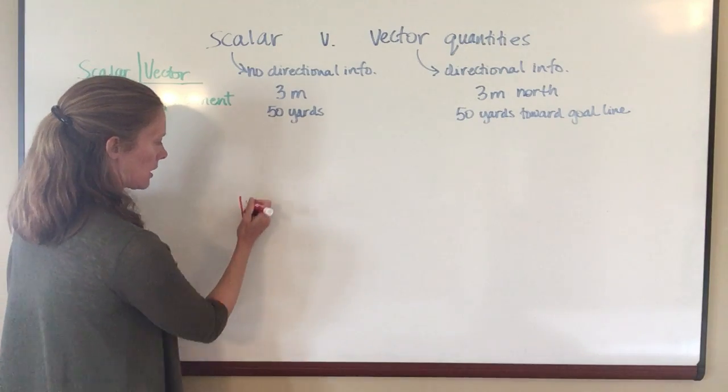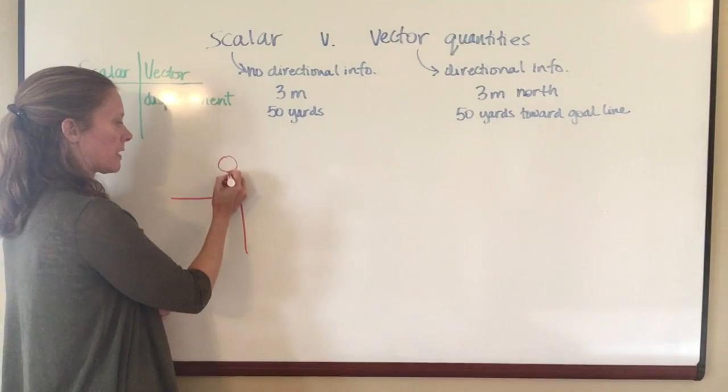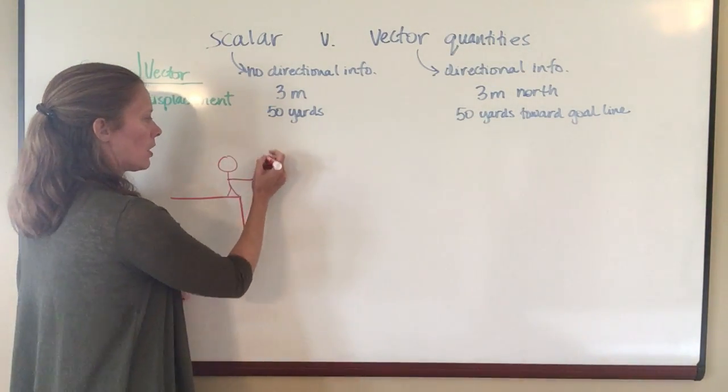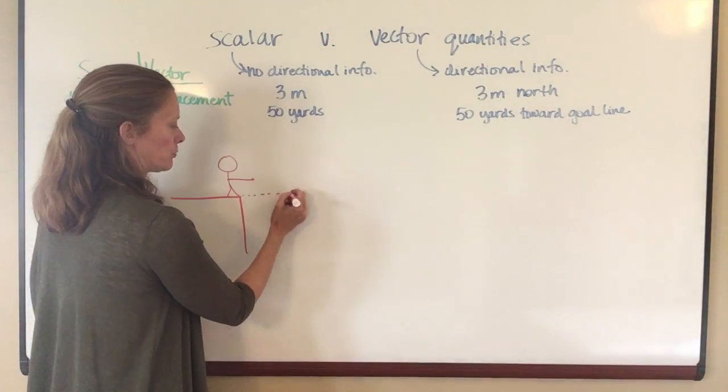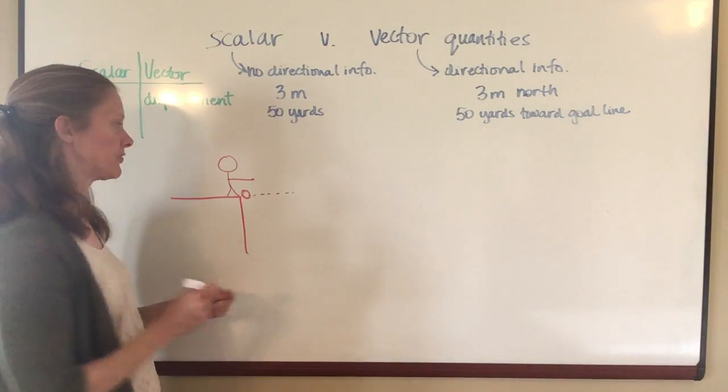So here's the cliff. Here's my person standing on a cliff, and this person throws, we're going to assume that this right here is our 0 mark, okay, just for matters of simplicity.